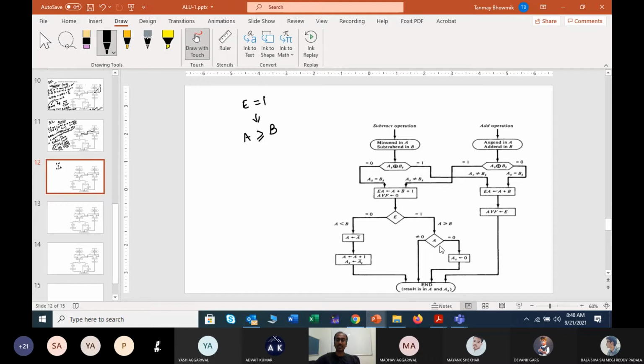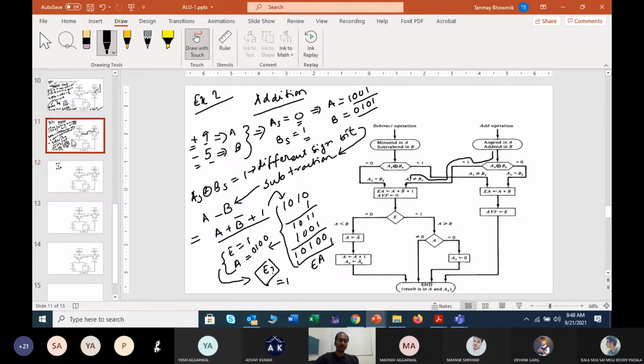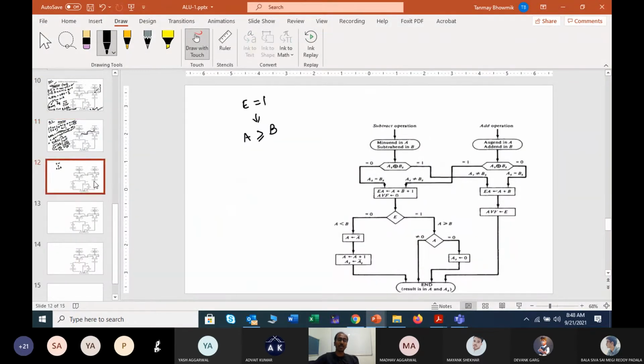Now what you will do, you will just check what is your A. So what was my A? My A was 0100. This one was your A, 0100. So you can now check what is your A. It is 0100.